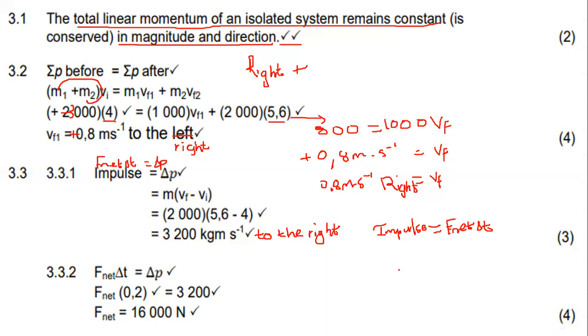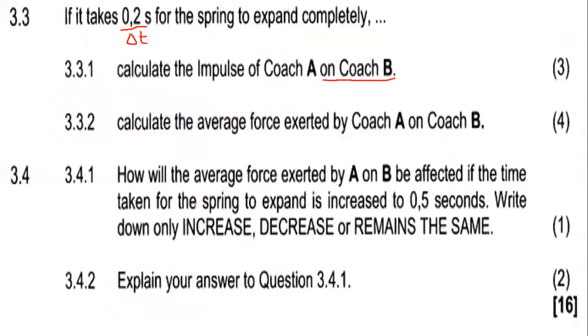Then we could say, okay, we have the contact time, it's fine, but the problem is we do not have the F net, and hence we calculated the impulse using the change in momentum. Then we go to the next question.